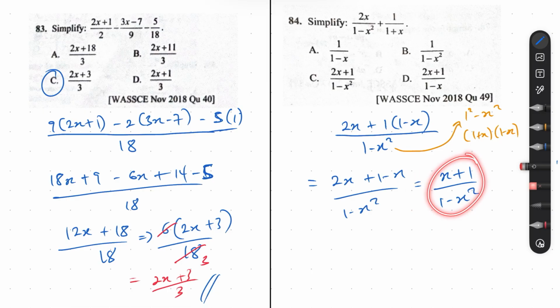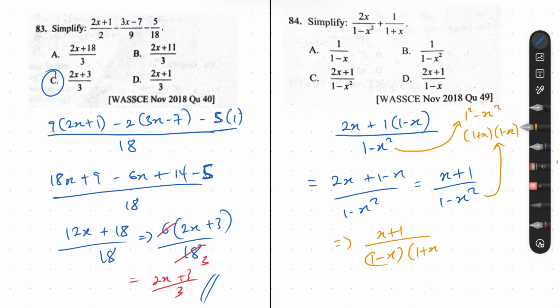Okay, let's expand our difference of 2 squares to look like this. Okay, so we have x plus 1 all over 1 minus x, 1 plus x. We know that x plus 1 is the same as 1 plus x, right? Just flipped. Okay, so we can cancel those two terms. Okay, and then finally you have 1 over 1 minus x, and that is our answer, and it is A.